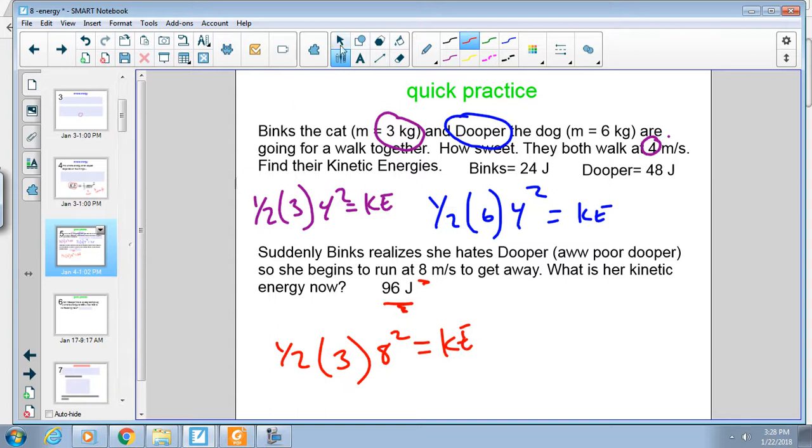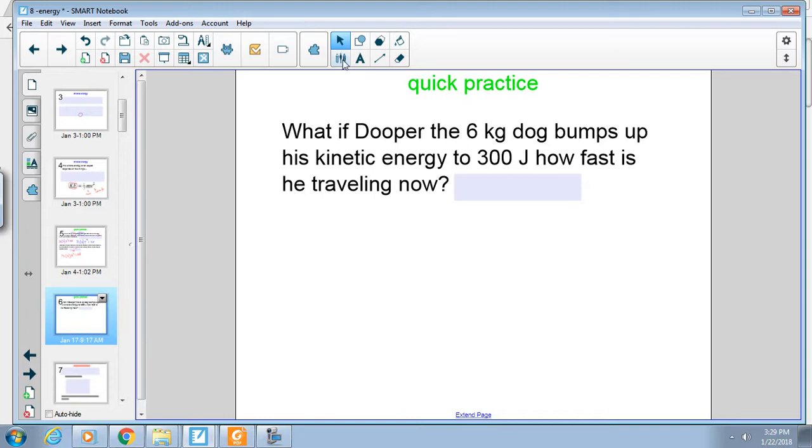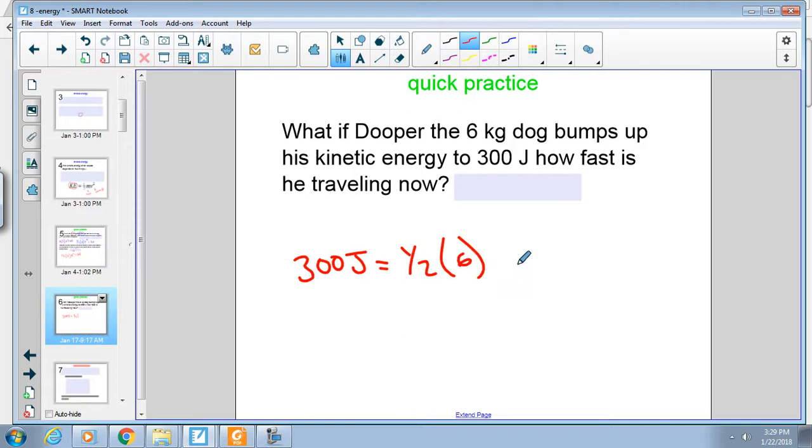All right, let's see if we can do it another way. Let's say that Duper bumps up his kinetic energy to 300 joules. His mass is 6 kilograms. I'm looking for his velocity. So 300 joules equals 3v squared. Divide each side by 3. 100 joules equals v squared.